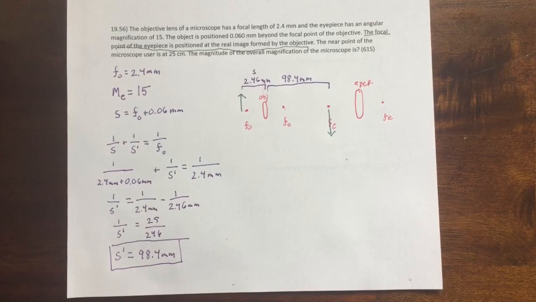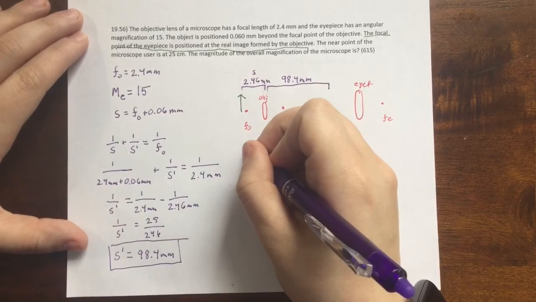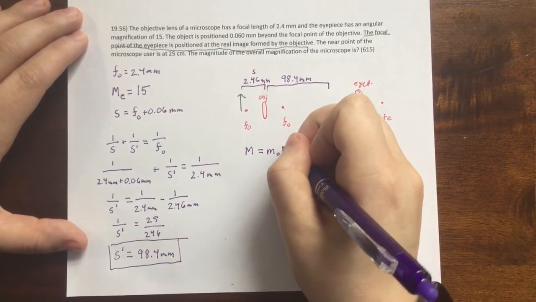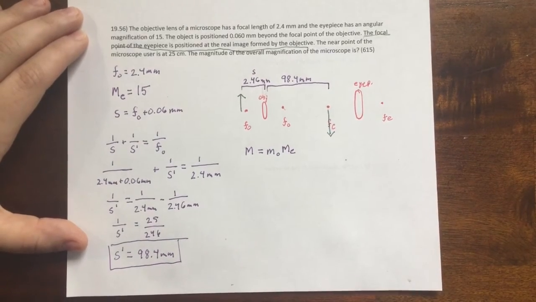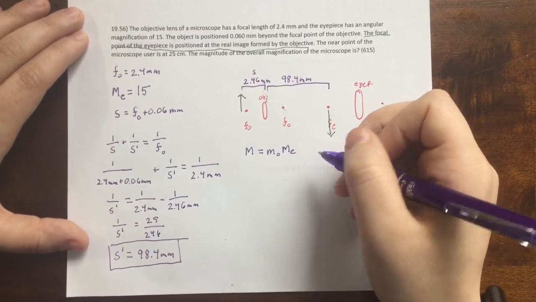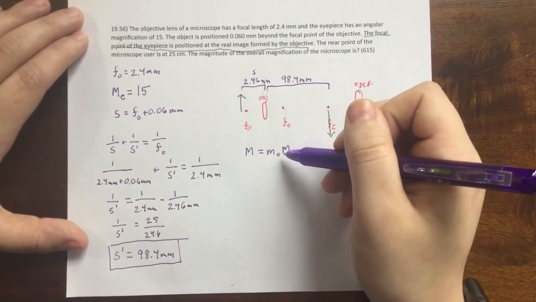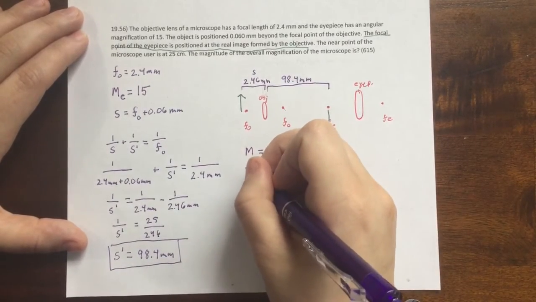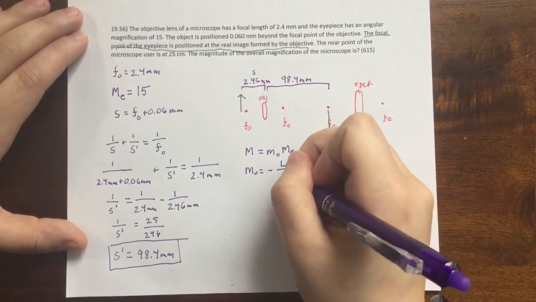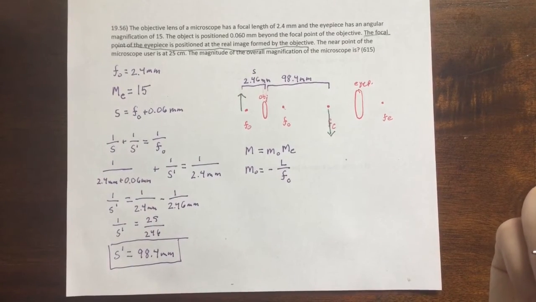We're looking for the overall magnification M. That is M equals MO times ME. ME is 15. We know that from up here. But we need to find MO. MO is equal to minus L over FO. That's from the notes.